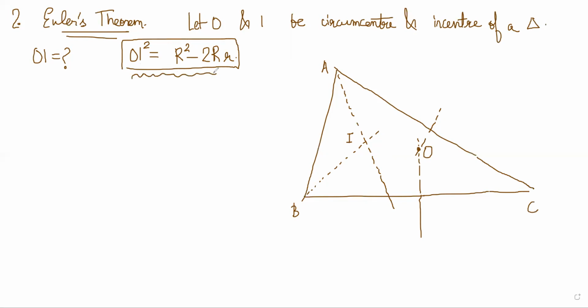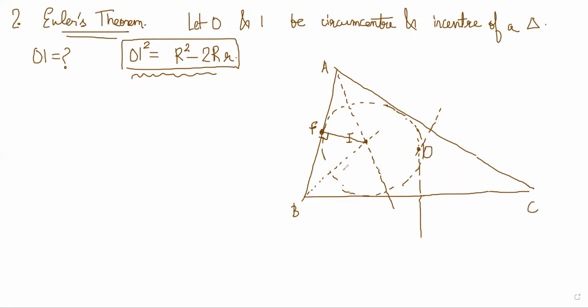So I have my incenter and circumcenter. Let me draw the incircle and circumcircle both. Something like this is my incircle, and this is the point where the incircle touches this side, F. So FI will be perpendicular.